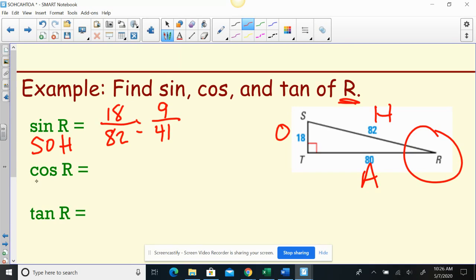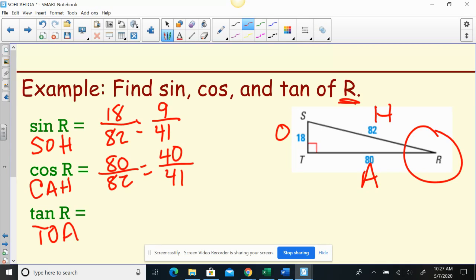Cosine of R, CAH, so adjacent over hypotenuse, 80 divided by 82, math fraction, or you should know that 2 goes into both of those, so 40 over 41. Tan of R is TOA. So 18 over 80, 18 divided by 80, math fraction, or you could again divide both of them by 2.